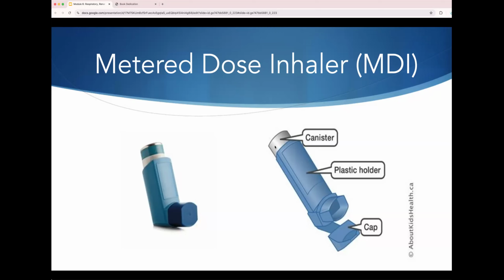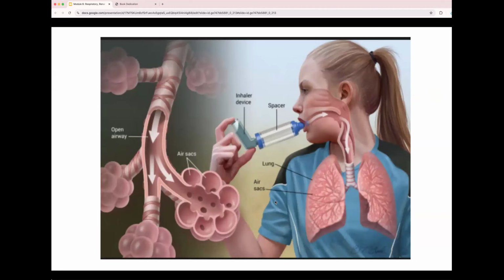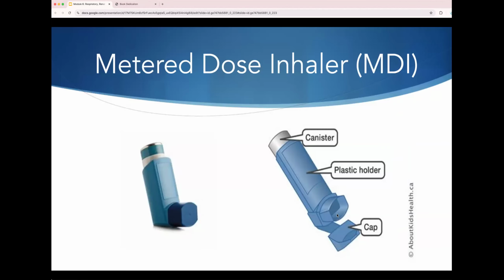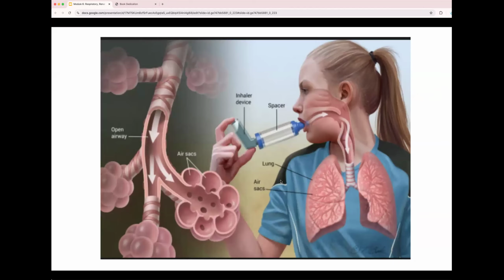You have a metal canister that has the actual medication in it, a plastic holder, and a cap that covers it. This is the mouthpiece, where they're going to put their mouth and receive the medication. When they press down on the canister, it squirts out a mist of the medication. This is what we call a spacer.